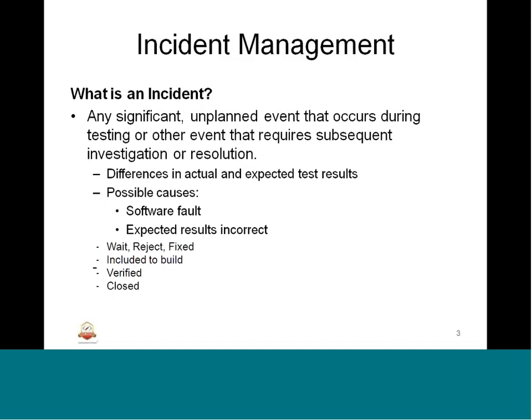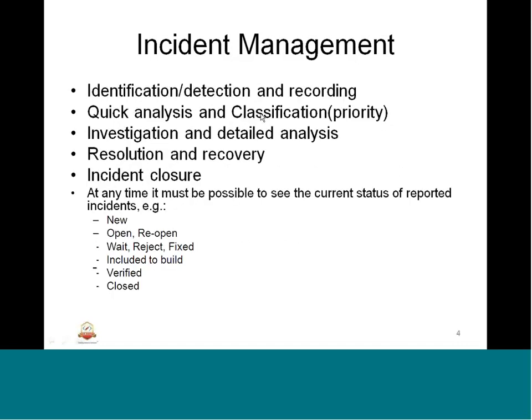In incident management, we first identify or detect and record what the incident is about, with all the details. Then we do analysis, classification and prioritization: if five incidents have happened, how do we prioritize, what is impacting, whether it is a showstopper for the rest of the program, or it could be testing or execution, whatever it is. The next step is investigation and detailed analysis.